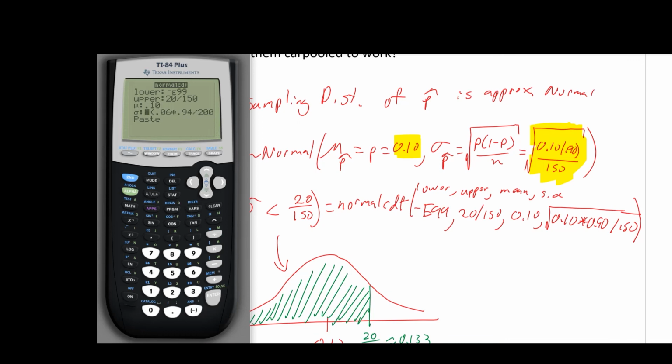For the standard deviation, let me clear this out: square root, 0.10, you don't really need that 0, times 0.9 divided by 150. Close off that parentheses, and let's paste that on. Press OK. And just like expected, I did say that it was going to be more than 50%. It turns out to be a lot more, about 91%. So 0.9132.